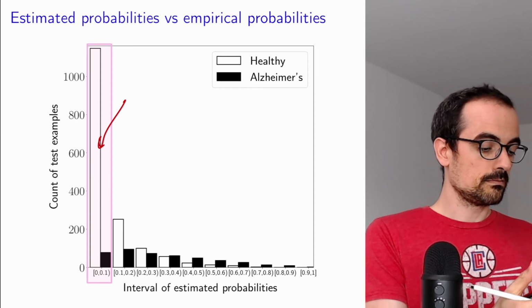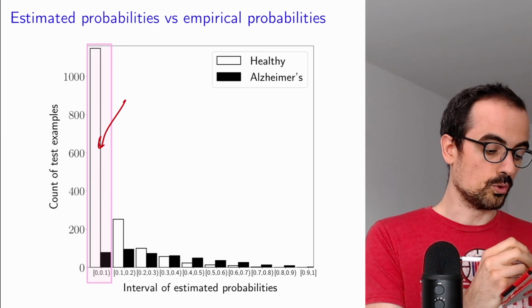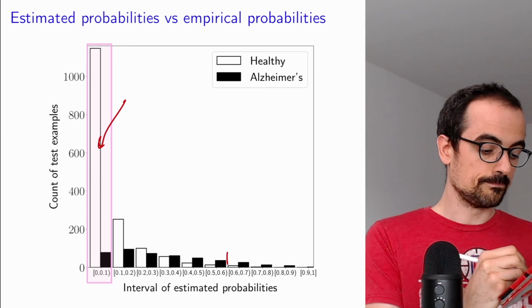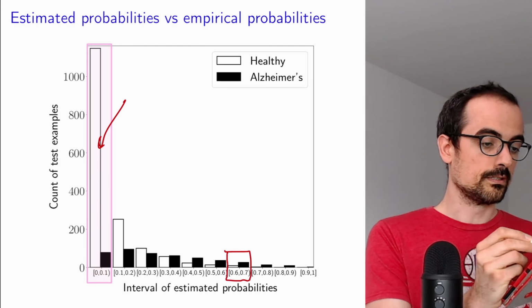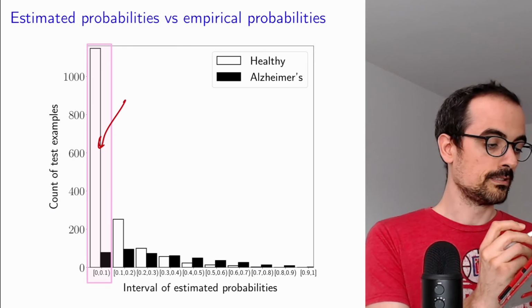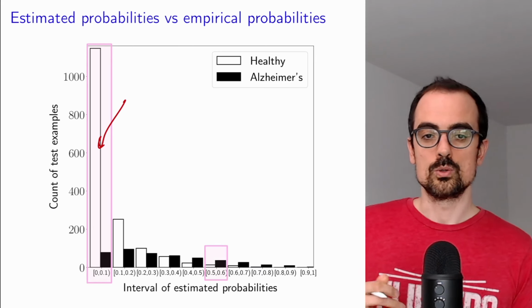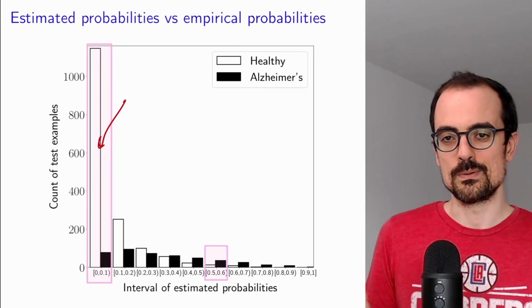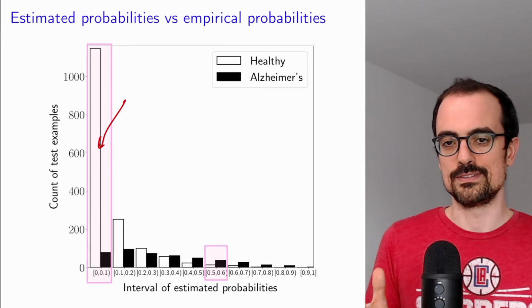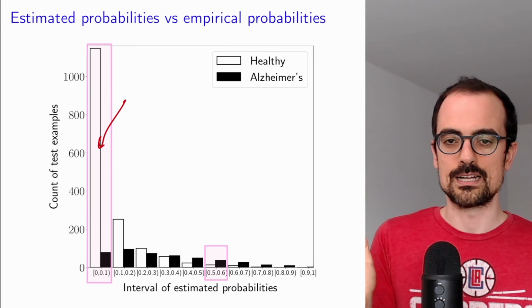So similarly, let me draw that a little bit better. Here are the patients whose probabilities are between 50 and 60%. We could say that the estimated probability is around 55%. We pick the midpoint a little bit arbitrarily.